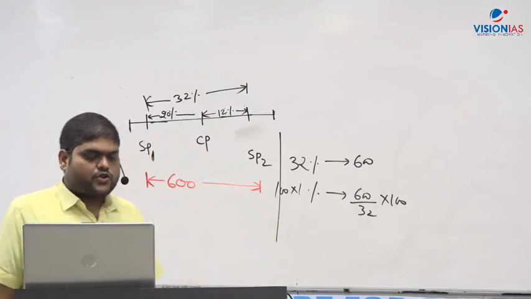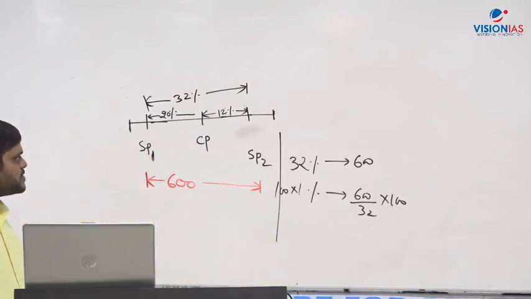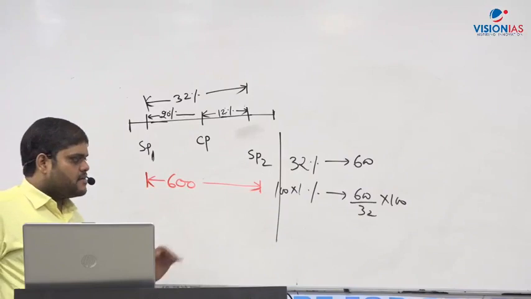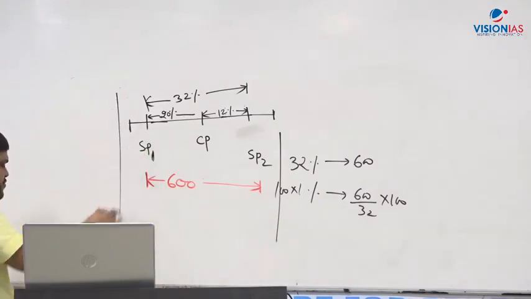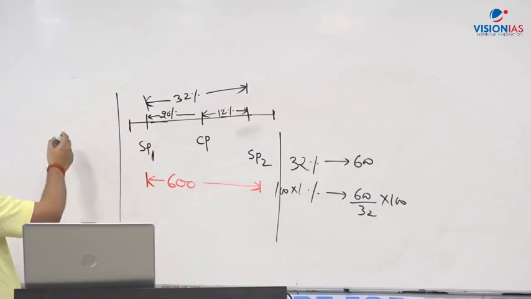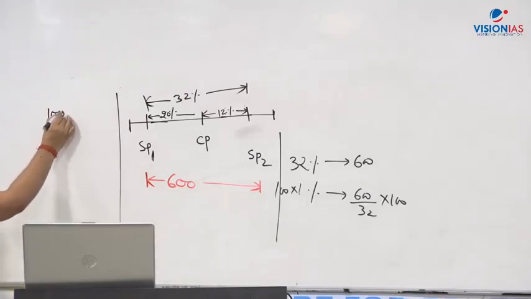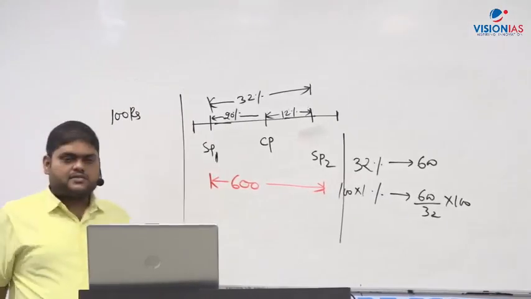Why did we add 12% plus 32%? See, this is something like that. Listen carefully. Suppose anybody has 100 rupees.